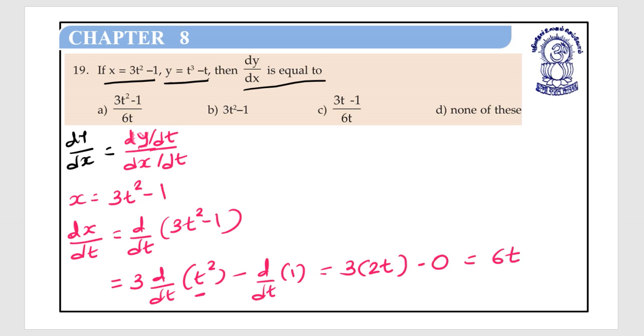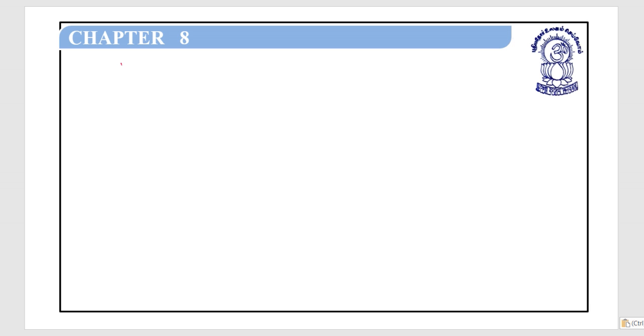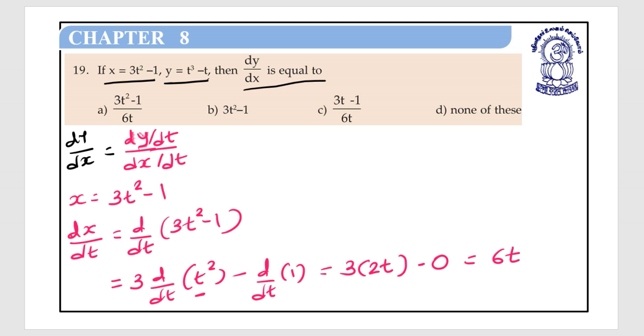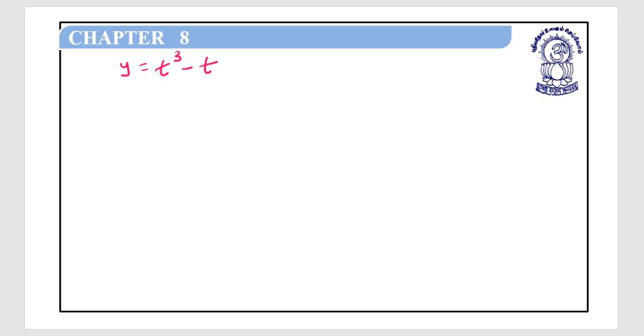Now find out for y, dy by dt. Y is equal to t cube minus t. So dy by dt is equal to d by dt of t cube minus t.